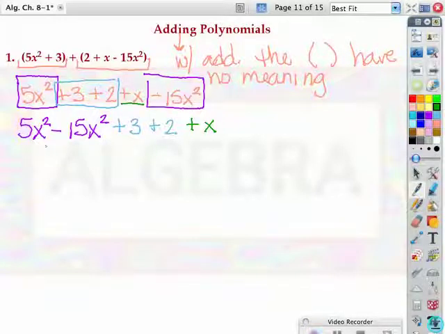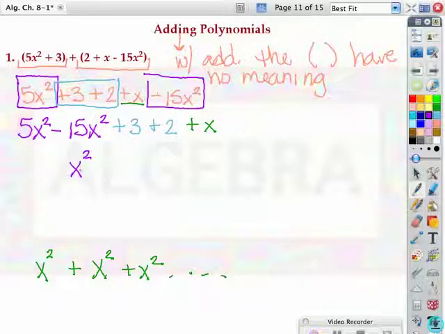Don't change this x squared, because 5x squared means that you have x squared, you have 5 of them. So when we add these, keep the x squared as it is. We're changing the quantity. How many x squareds do we have? We have negative 10x squared when we subtract here. Now with this 3 and 2, we have 5. And then, of course, our Lone Ranger, we have x.